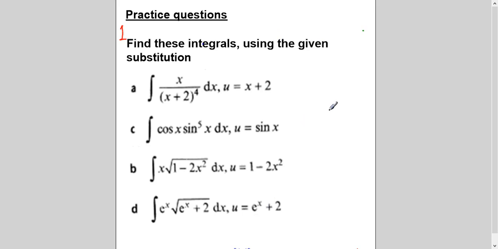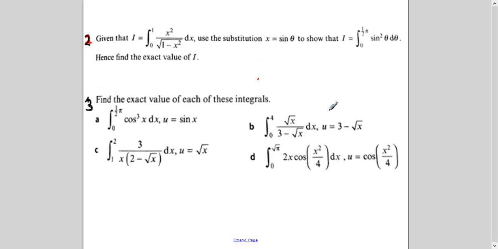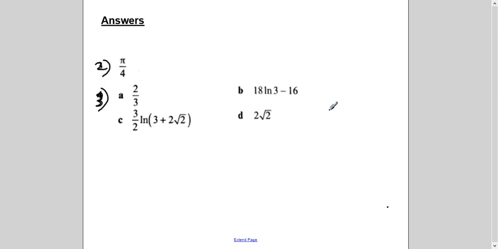So you can put the video on pause and try it out yourself now. And here are the answers to those questions. Remember, you will check the answers later. And there are more questions on the same integration by substitution. Try these questions as well. Again, put the video on pause, note down the questions, and then the answers are on the next page.